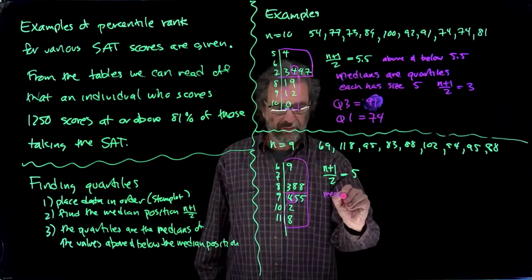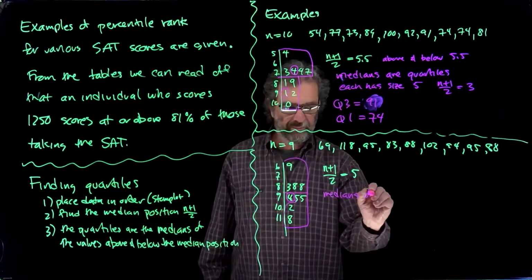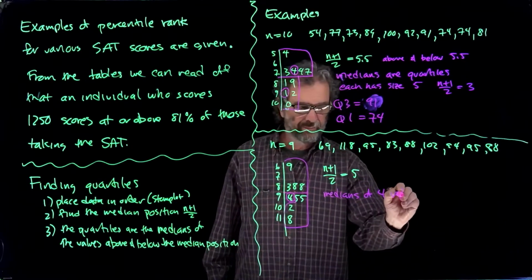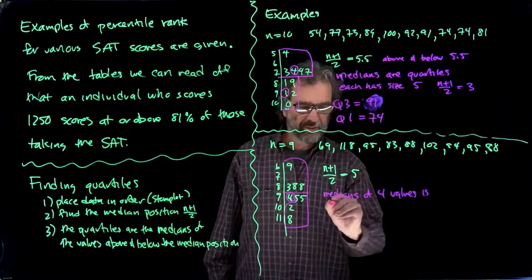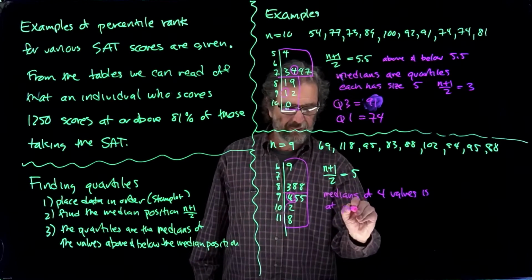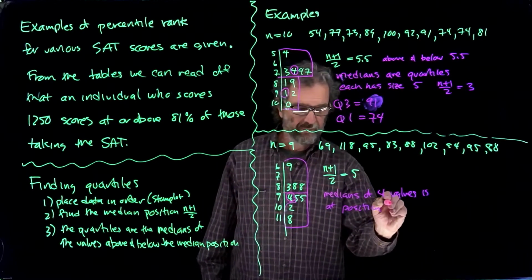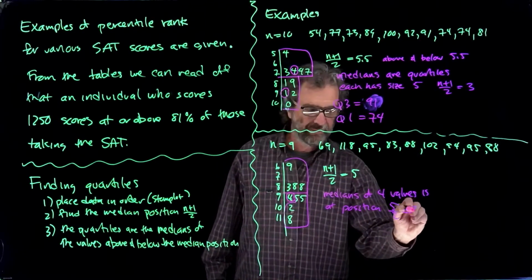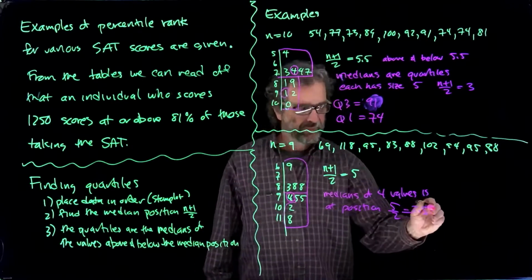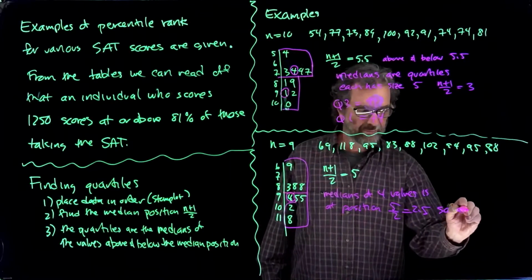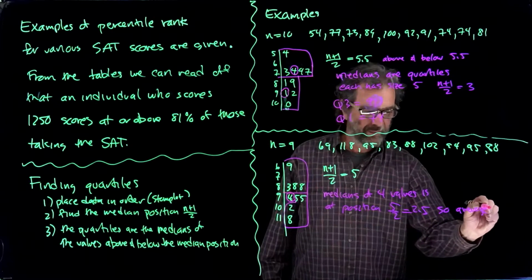Medians of 4 values is at position 5 over 2, 2.5. So we're going to average 2 and 3.